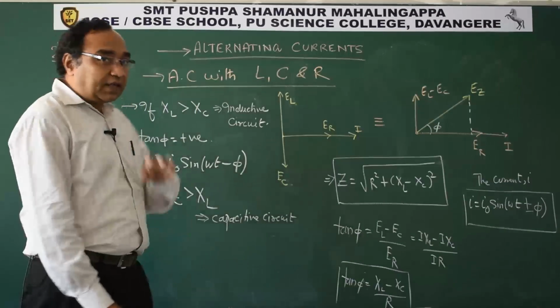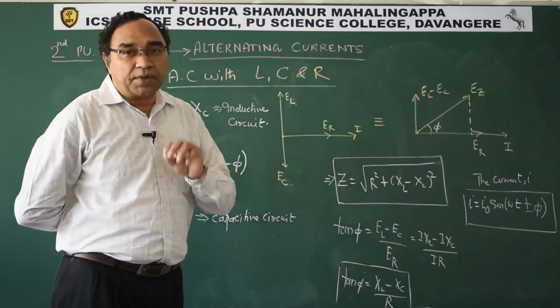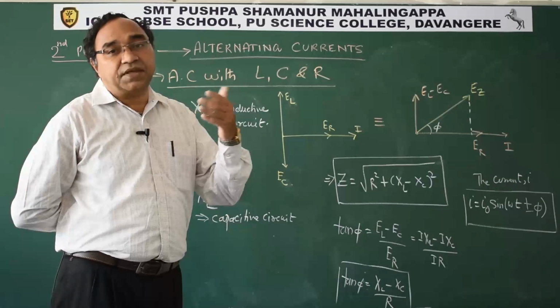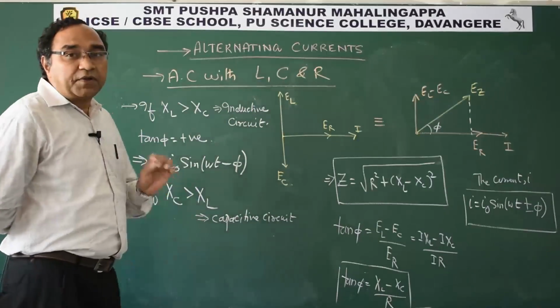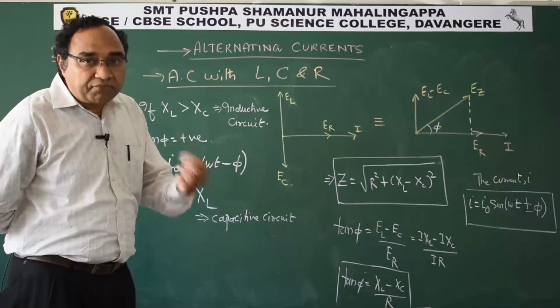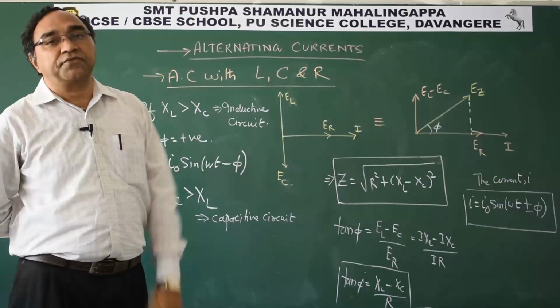Although there are 3 components, the effect of the capacitor dominates the effect of other components. So the expression for the current will reflect this particular dominant property of the capacitor.